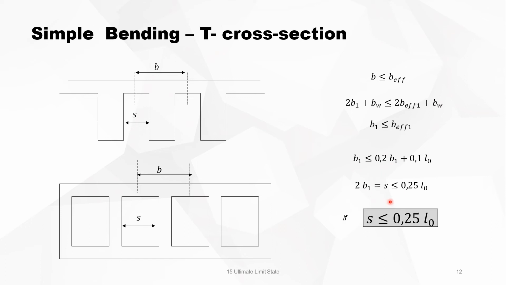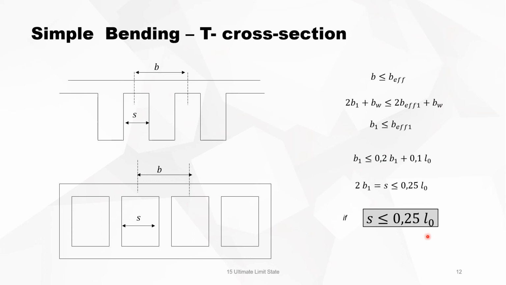And we see here that if you take S, the clear distance between the two beams, smaller than 0.25 L0, then you can assume that the effective width is equal to the real width that you see on your drawing.